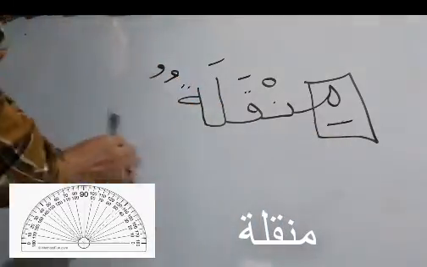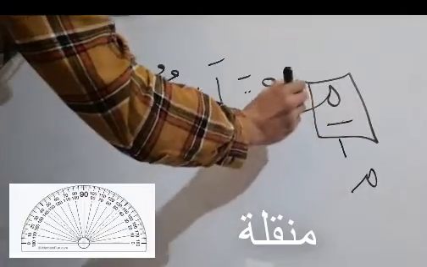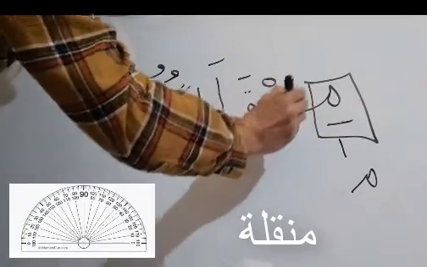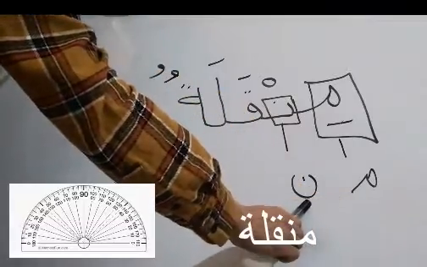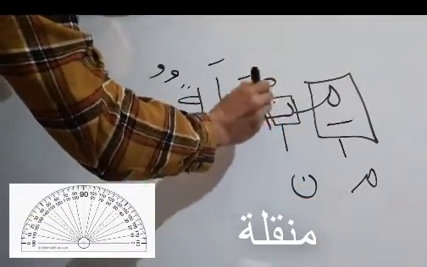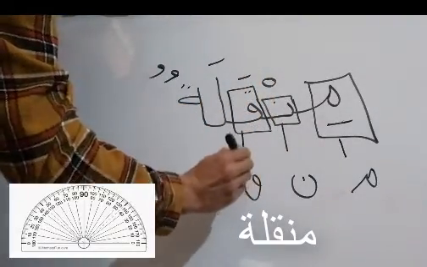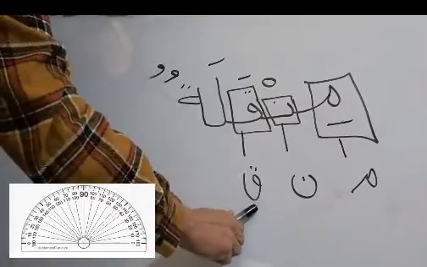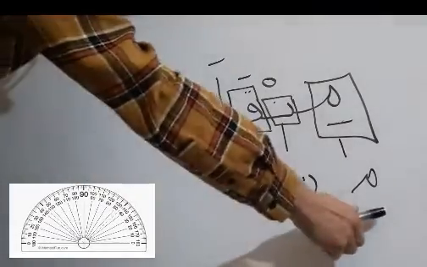This is ميم. This is نون. ميم نون. And this is قاف. ميم نون قاف.